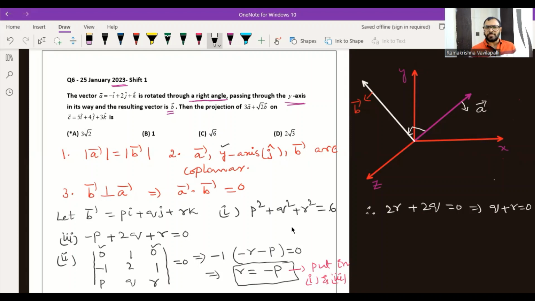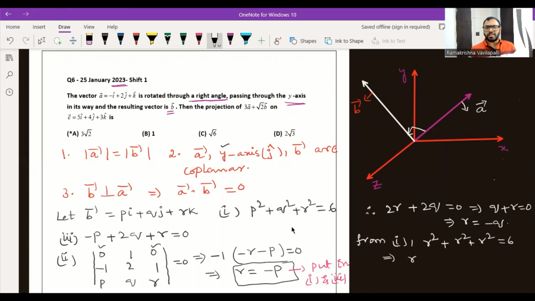This implies Q equals minus R, or R equals minus Q. So from 1, p square means r square, q square means again r square, plus r square equals 6.